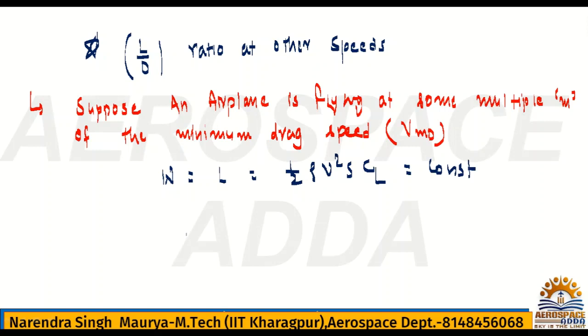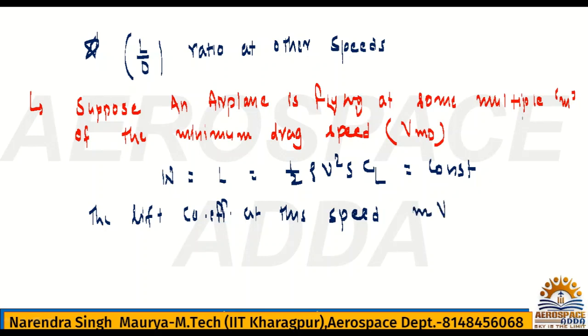So the lift coefficient at this speed, which we mentioned is a multiple of the minimum drag speed, m times VMD, is given by this.